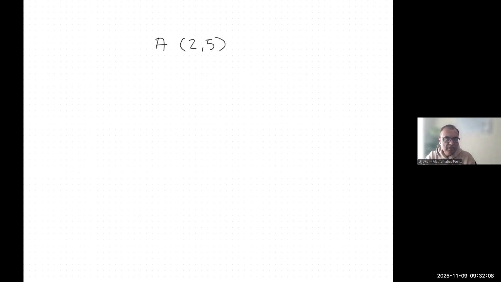That means x is 2, y is 5. If I move this 2 units on x, what will be the new position?